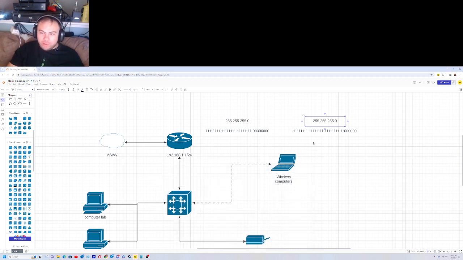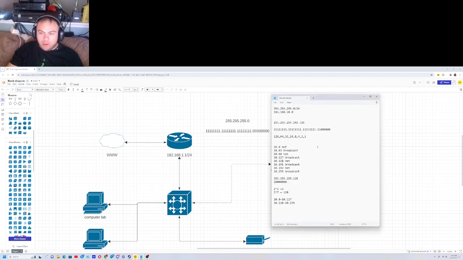So for that calculation, if we're borrowing these 2 ones to create 4 subnets, we have to take 128 plus 64. Now, where's that 128 plus 64 coming from? Well, it comes from how binary numbers work. Binary numbers follow this standard here.